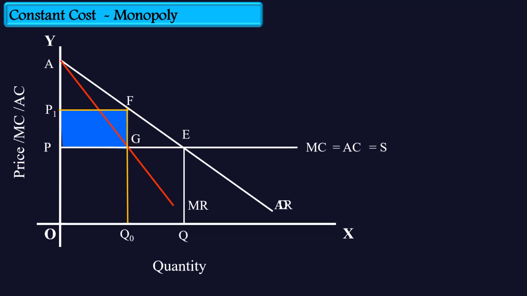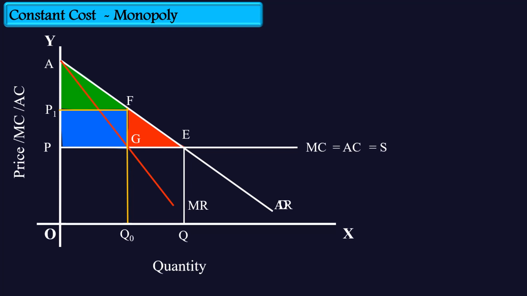The total welfare available to the society is consumers' surplus P1AF plus producers' surplus P1FG, that is PAFG. After monopoly, total welfare available to the society is PAFG. But the welfare GFE that was available in perfect competition is neither available to the consumers nor to the producers now.